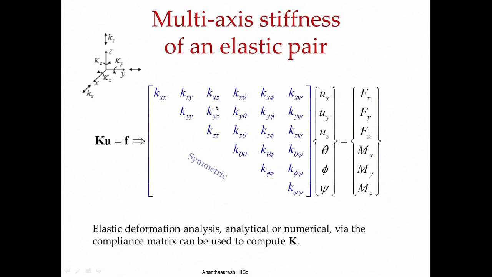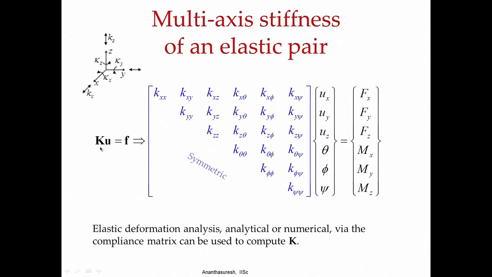If you want to look at it mathematically for small displacements, we can put that in a force displacement relationship, where the u's are displacements, let us say ux, uy, uz, 3 translations, and theta rotation about the x axis, phi rotation about the y axis, psi rotation about the z axis, and corresponding forces for translations and moments for rotations.